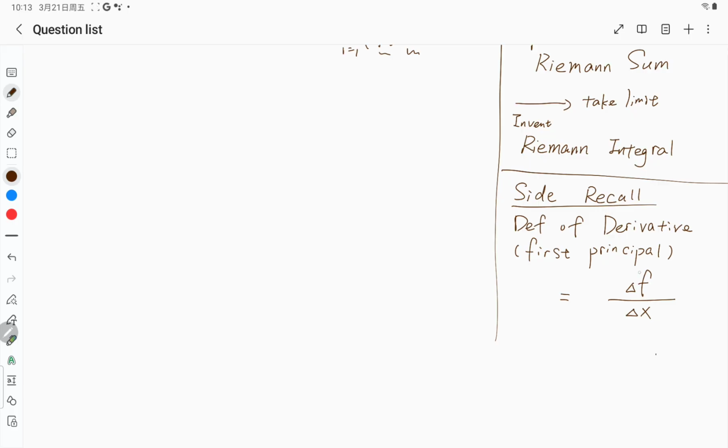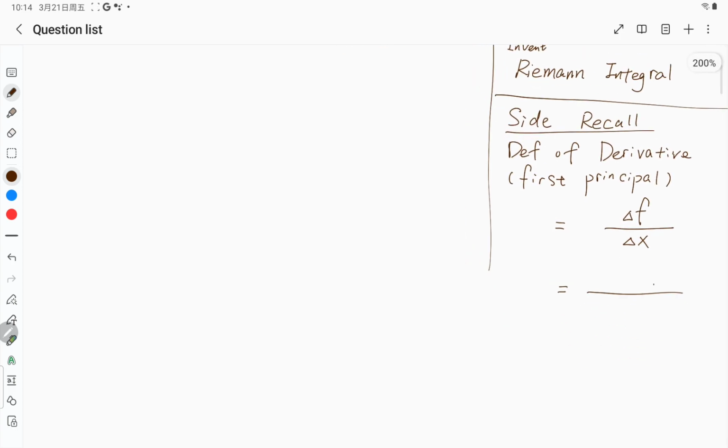So delta f and delta x are just differences, like taking a negative summation, right? So delta f is f(a+h) minus f(a), and delta x is (a+h) minus a, so delta x is h here, right?